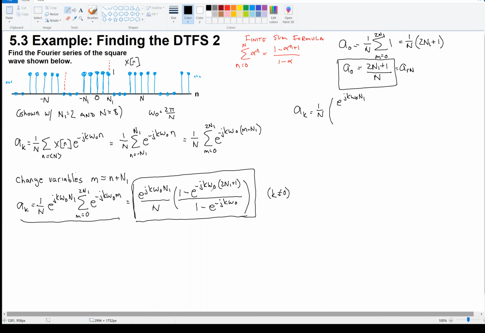And then when it comes into the next term, notice I have a minus jk omega 0 2n1. So that makes a minus jk omega 0 n1 plus 1. One of them goes away, and the denominator stays the same.